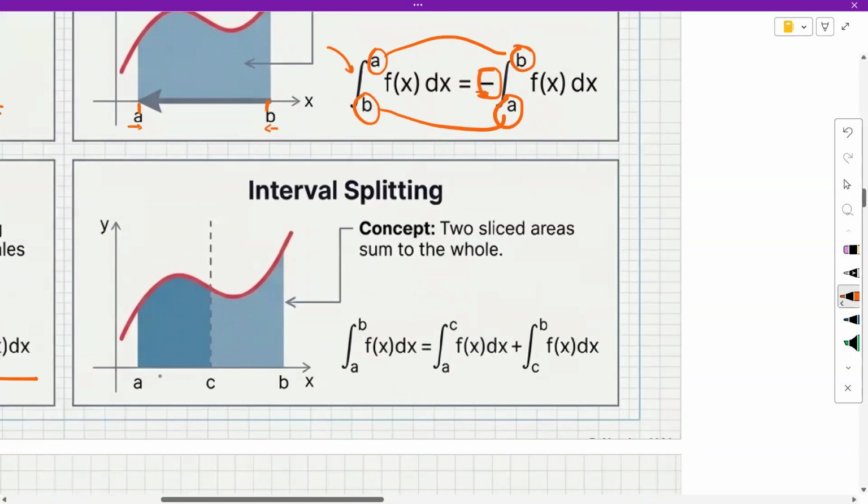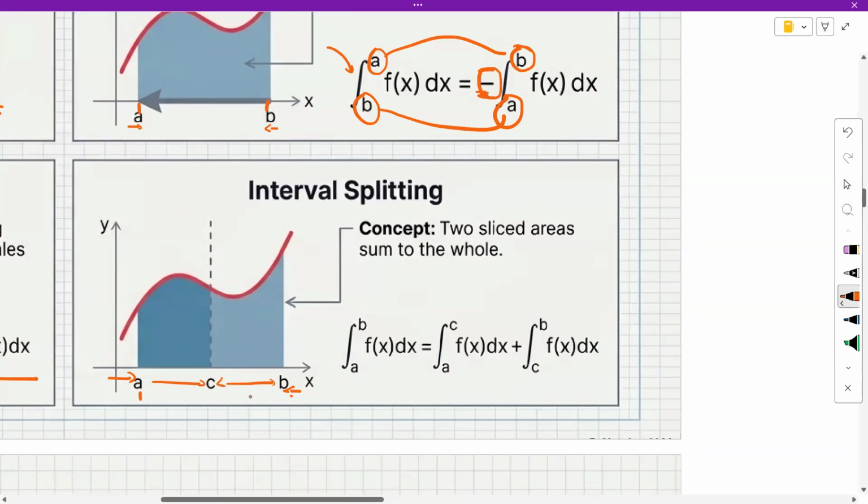And splitting. Initially, the lower limit is A, upper limit B. Now we divide into two parts, A to C and C to B. So how can we represent it?